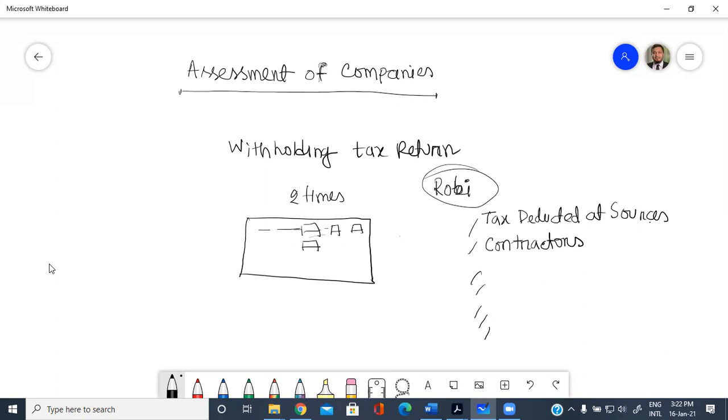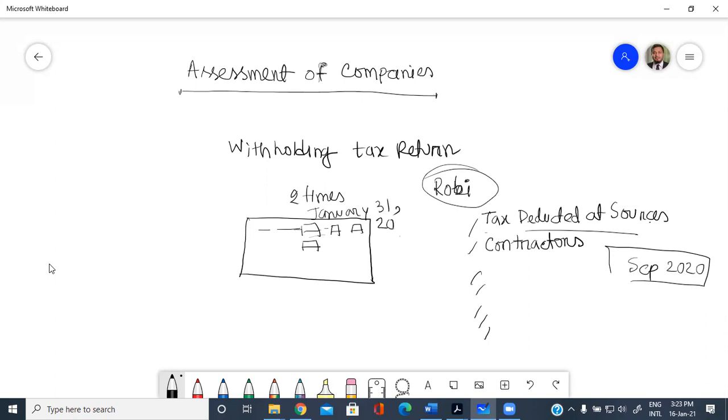So if you have a transaction at a point of time, say September 2020, you are supposed to show this transaction in the withholding tax return you are going to submit on January 31 of which year?